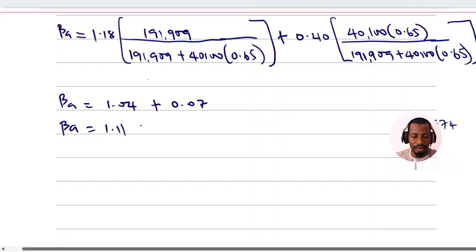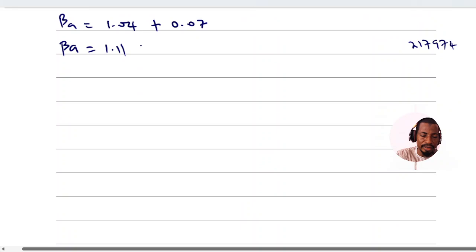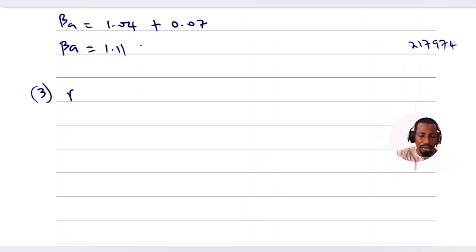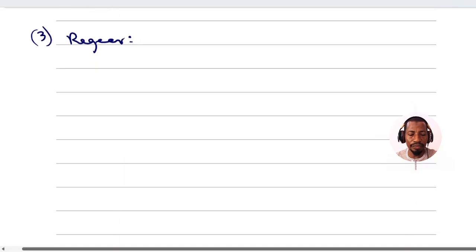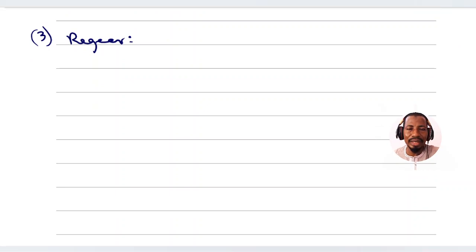So now that I have the beta asset, I need to regear, step 3. I need to regear to incorporate the financial risk of Kilimanjaro. Whatever I'm going to do in step 3, step 4, and step 5, I need the information of the main company, which is Kilimanjaro. In the question, the examiner did not tell us that Kilimanjaro has debt beta, so it means that debt beta is risk-free.